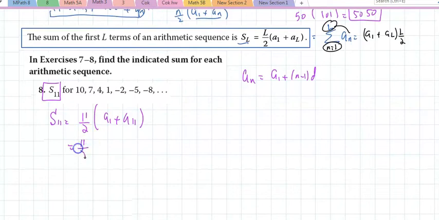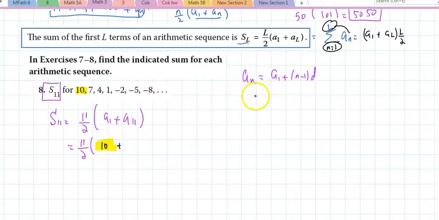This is 11 over 2 times a sub 1. A sub 1 is right there. Plus, how am I going to find a sub 11? I'm going to go on the side and say a sub 11 is the first term plus, isn't that 10 times the common difference? What are you adding every time?